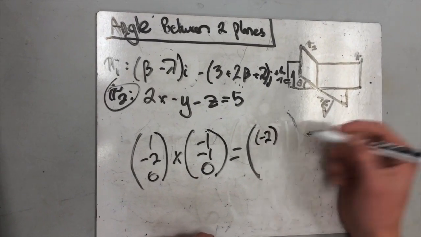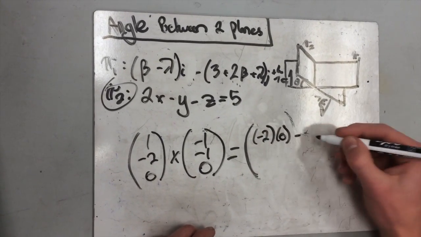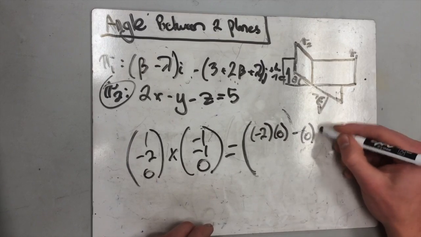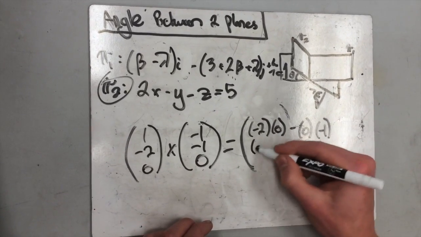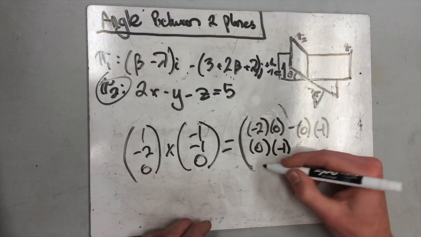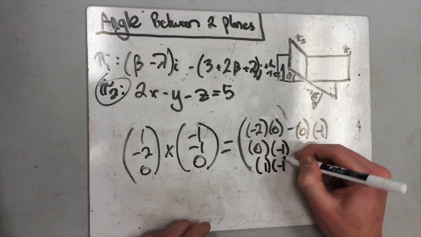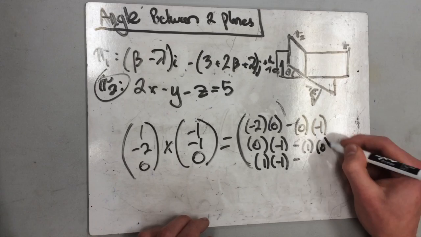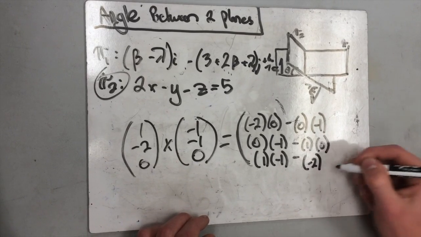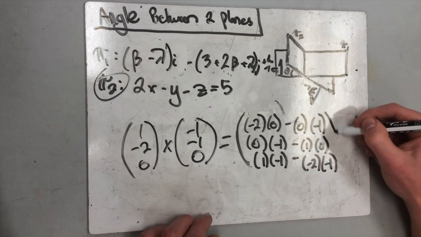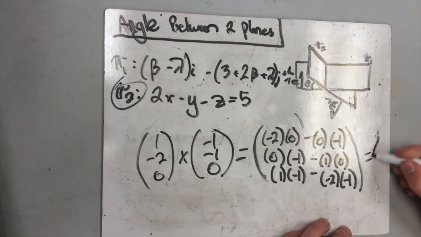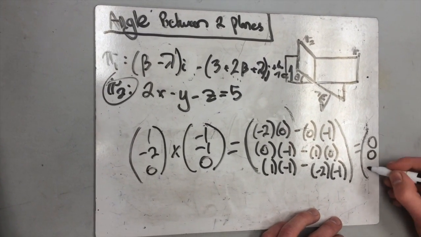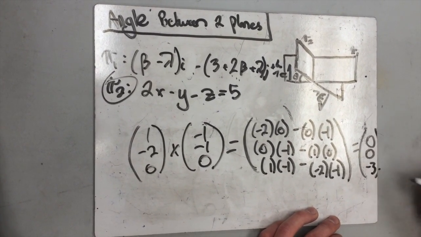There's no use in memorizing it because you have the formula packet for the exam, so basically you're just manipulating the components of the vector. And that's going to come out to a grand total of 0, 0, negative 3.